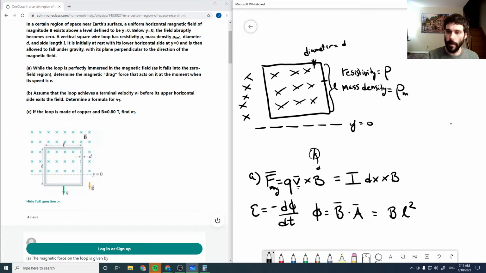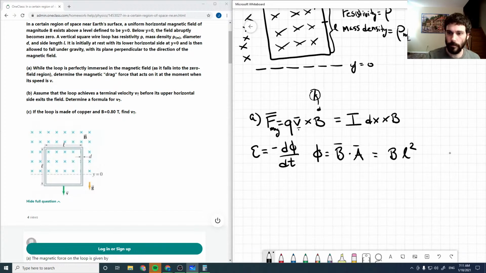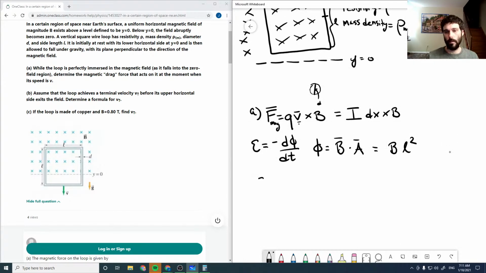And so then our EMF is minus d phi by dt, which none of these depend on time, so it's 0. And so if our EMF is 0, then our EMF is equal to our current times our resistance, so then our current is 0.